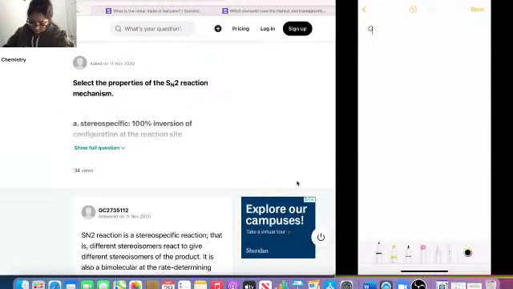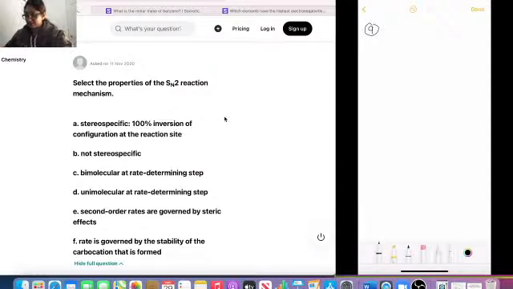Our next question says, select the properties of an SN2 reaction mechanism. We're dealing with organic chemistry here, and this is a reaction where you produce different products, more specifically different stereoisomers.